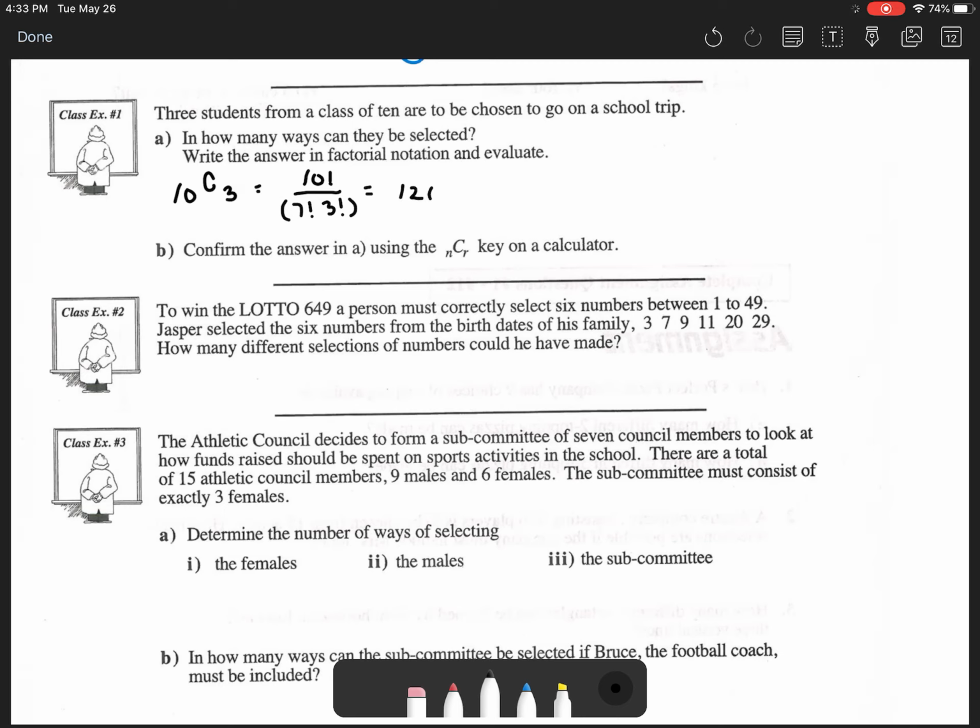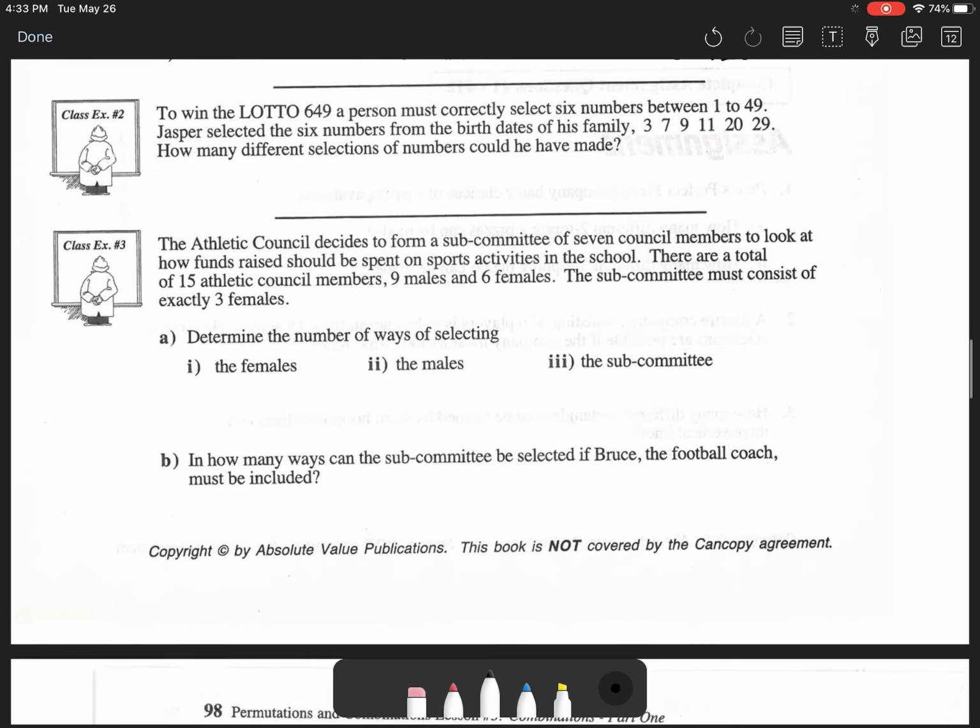When I do that on my calculator, just please remember to put the denominator in brackets. So that's a value of 120. Again, use the nCr button on your calculator. Enter the n value, choose, enter the r value. So that's just 10 choose 3, and you'll see that also gives you 120.